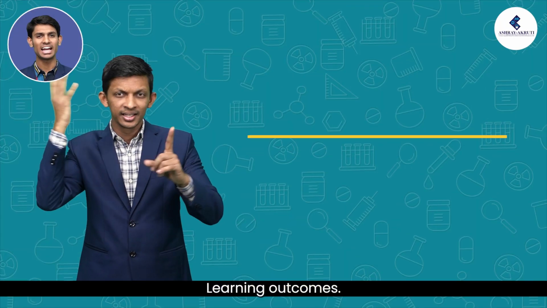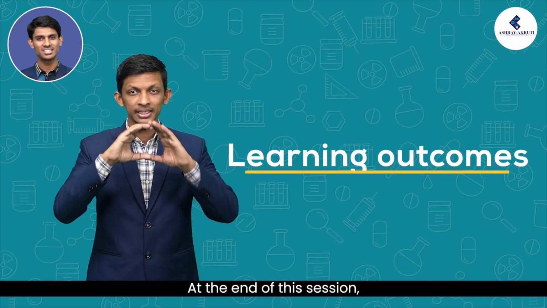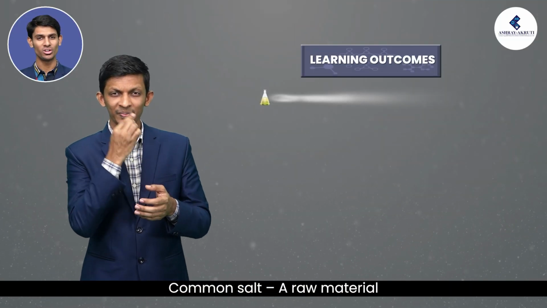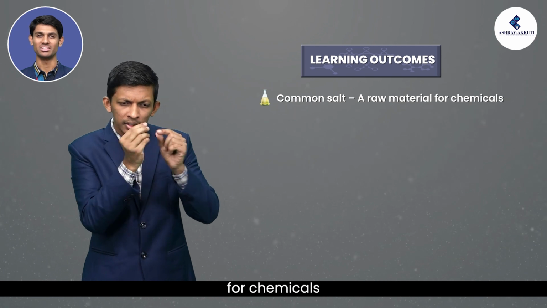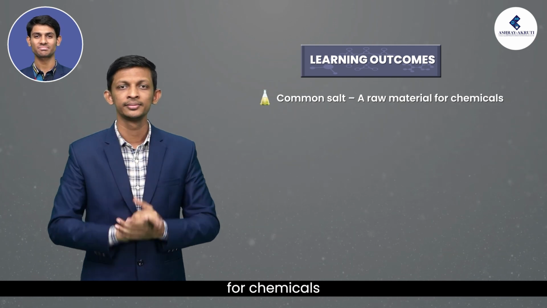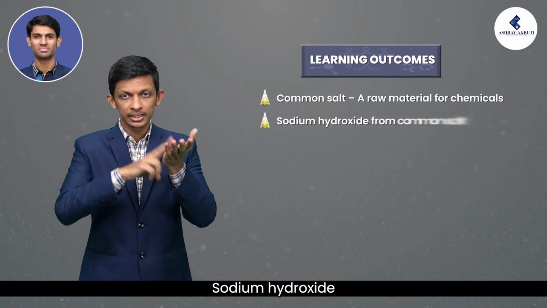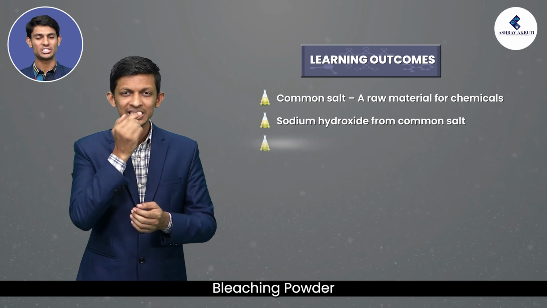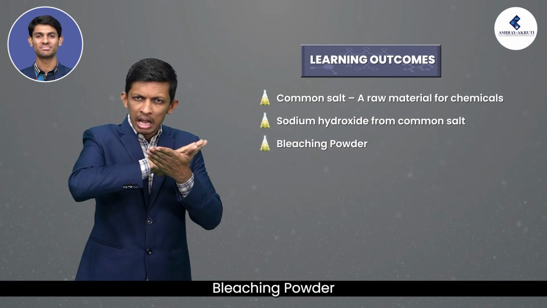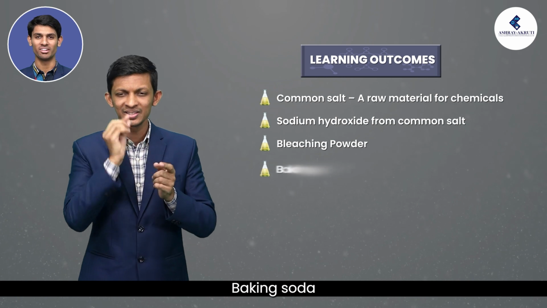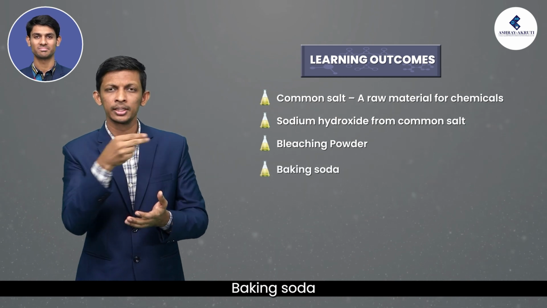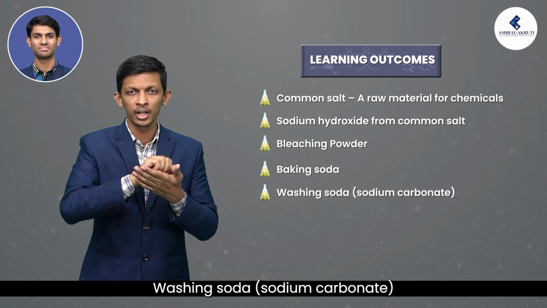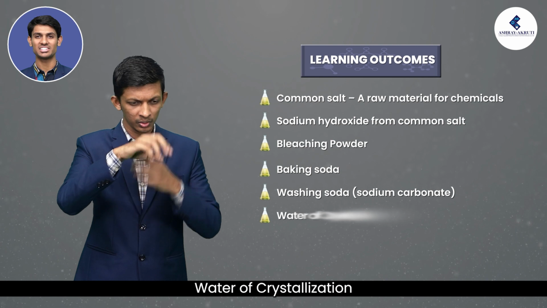process. Learning outcomes. At the end of this session, you will be able to understand about common salt, a raw material for chemicals, sodium hydroxide from common salt, bleaching powder, baking soda, washing soda, water of crystallization.